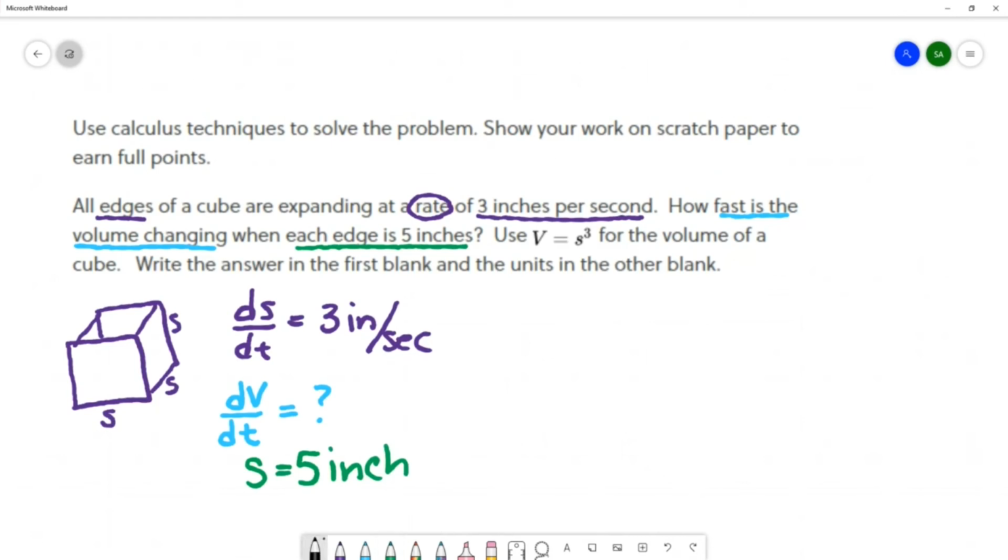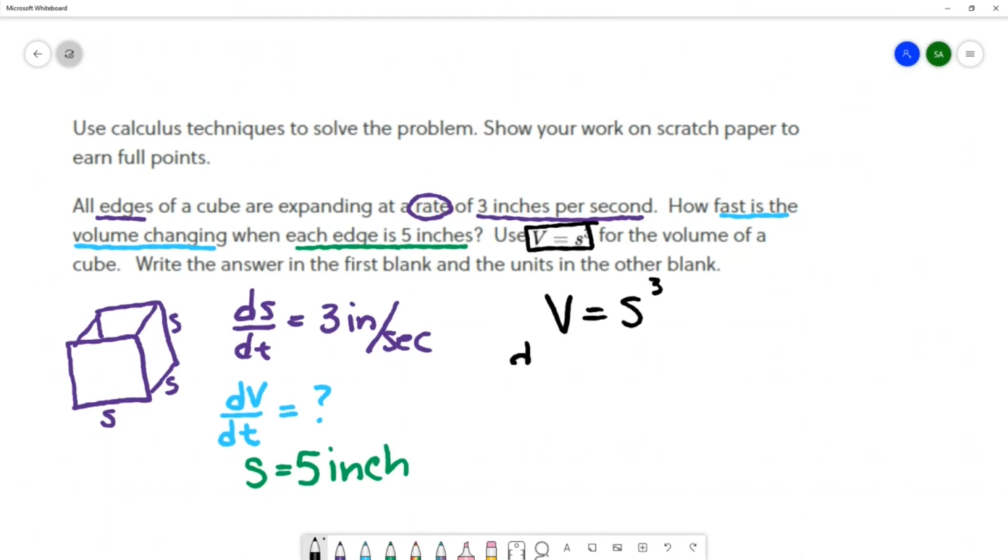So we have this formula which represents the volume of the cube, V equals S cubed. And in order to solve this problem, we need to introduce these rates of change into this formula. The formula that we're looking at here is a geometry formula for a fixed size figure, but we have a figure that's changing. So we're going to introduce the rates of change into this formula.